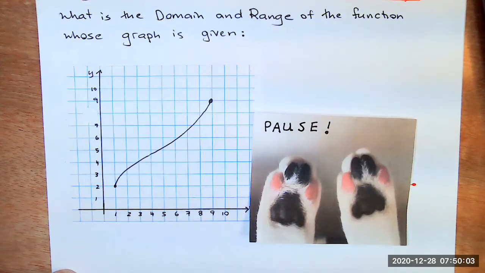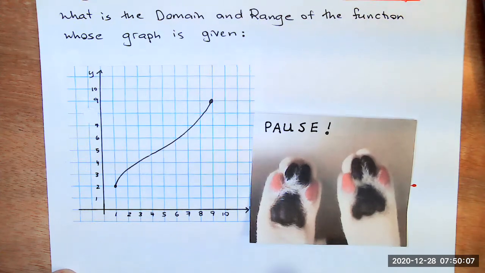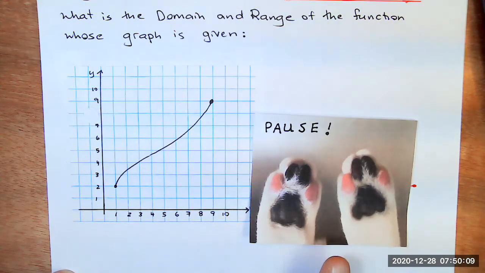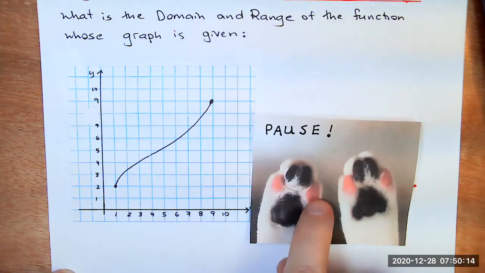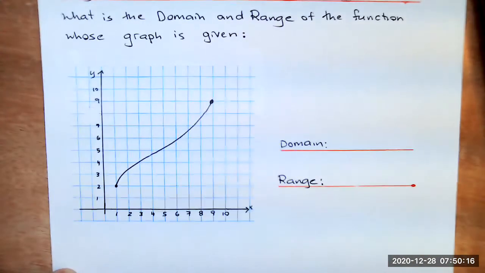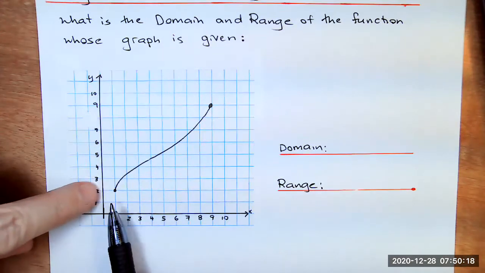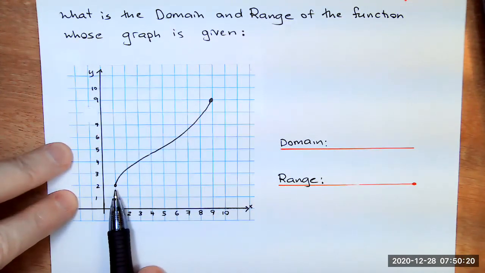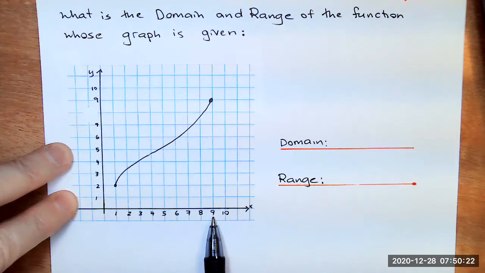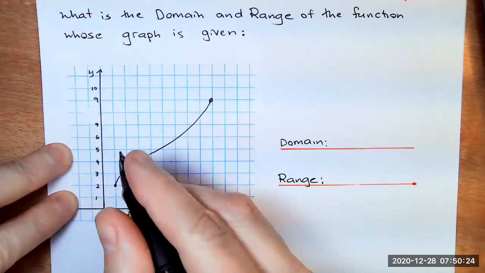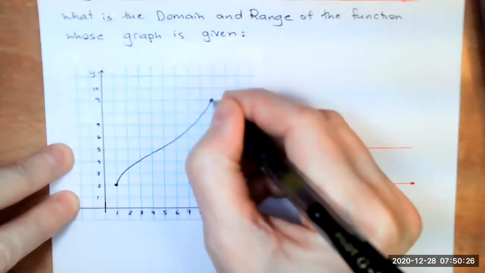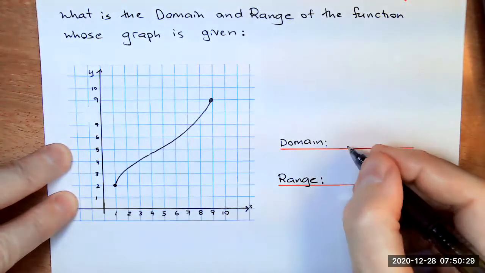All right, what is the domain and range of the function whose graph is given below? And if I were you, I would hit the pause button, work this one out on your own. All right, so the values of x, the smallest value of x is 1. The largest value of x is 9, and these are closed circles, so those include those points.